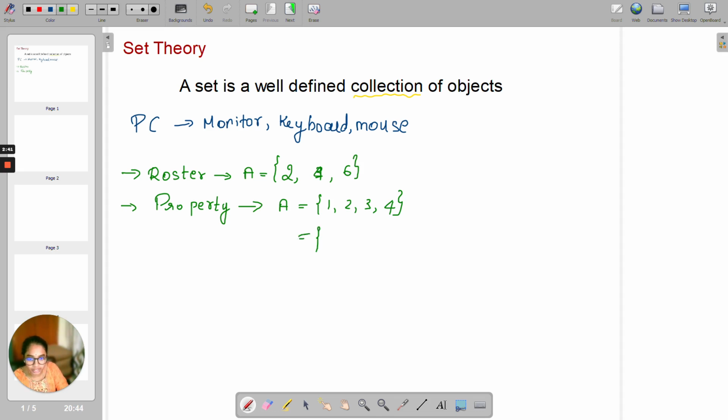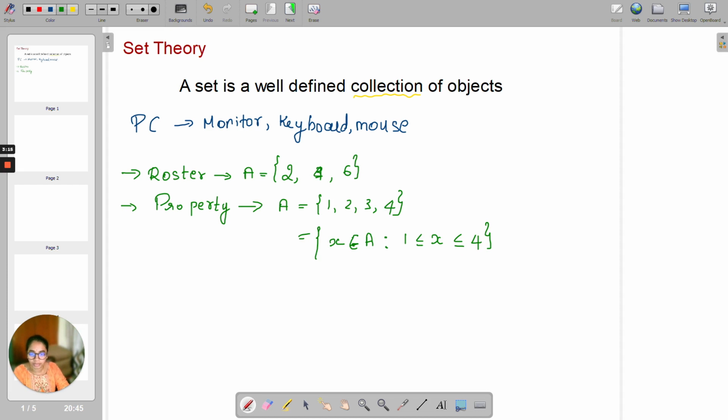So let me take x. x is an element that belongs to this set A, such that, this colon is called "such that", 1 is less than or equal to x less than or equal to 4. So I hope you know that this represents 1, 2, 3, 4.